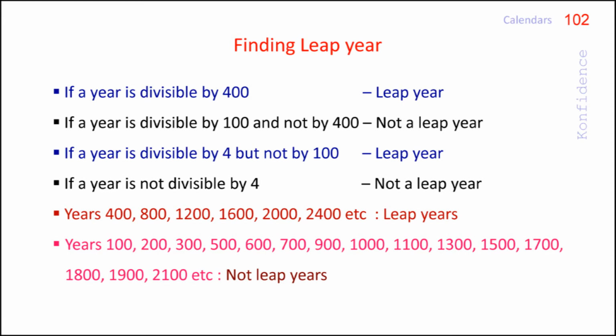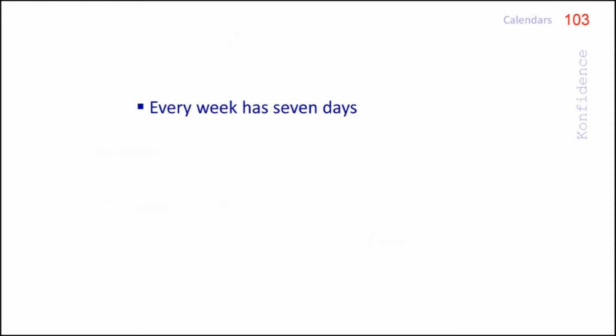Now that we have got the hang of years, let us get hold of the weeks and learn that logic perfectly. All of us know that every week has 7 days. After 7 days, the pattern repeats. Now, any 7 consecutive days will form part of a full week.